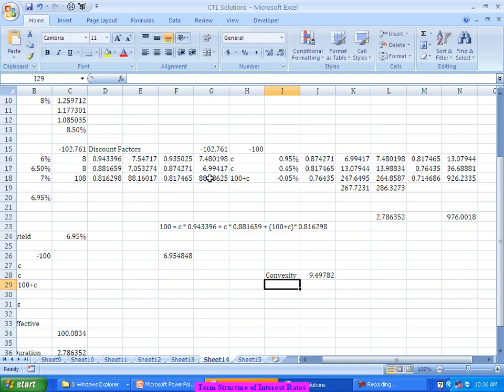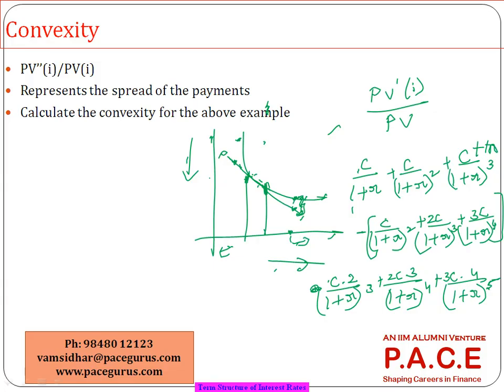So in this case, the convexity is 9.49. The higher the convexity is, what it means is the interest rates will change very drastically. The spread is going to be much higher, whereas the lesser convexity indicates that the spread is much lesser. So that is how in this context we are computing the convexity.